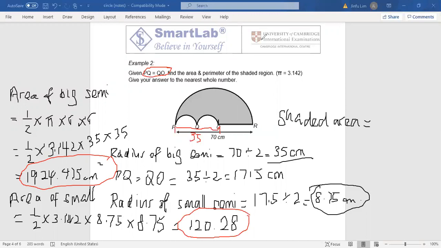So this one will just take 1924.475 minus 120.28. But don't forget, there are 2 semicircles here, so that means you times 2.